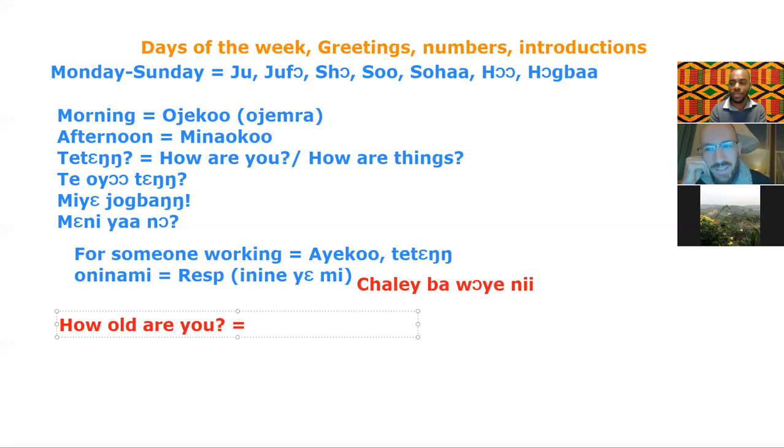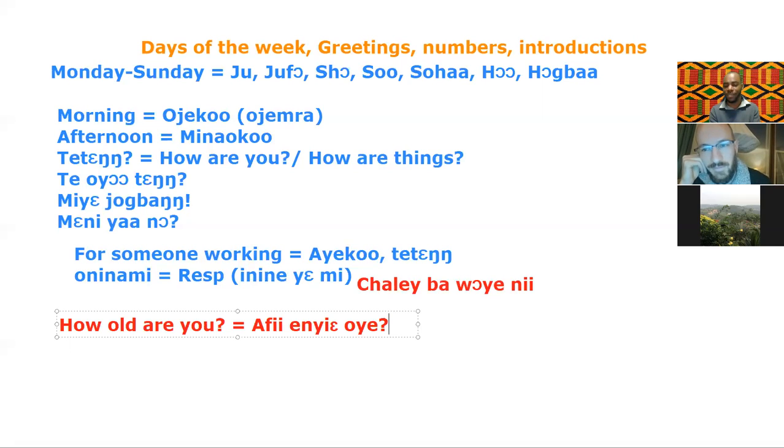Afi enye oye. Afi enye oyi. Okay. It is afi plural. Afi is singular. Afi plural. Enye. Afi enye oyi. Or you can say it another way.